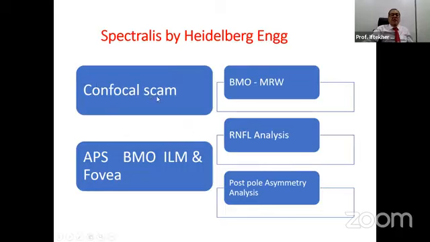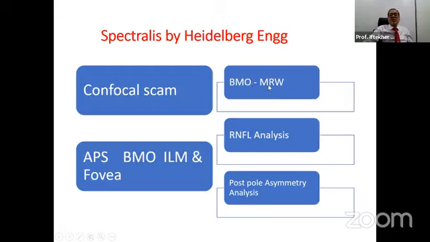It is a confocal type of scanning with the anatomical positioning system. This is one of the technologies by which Spectralis OCT demarcates the Bruch's membrane opening, internal limiting membrane termination, and the landmark of the fovea. And Spectralis OCT helps in glaucoma diagnosis and monitoring by these tools.